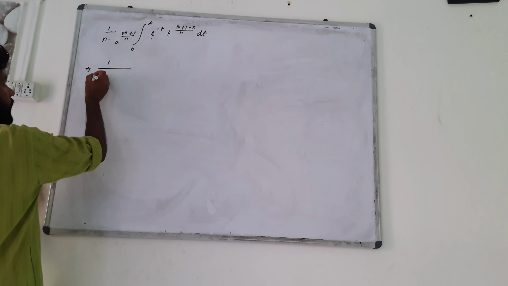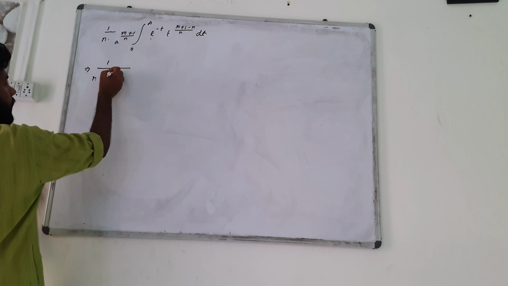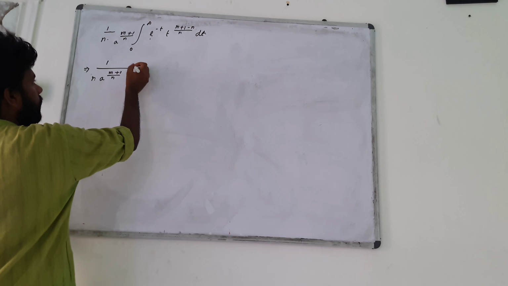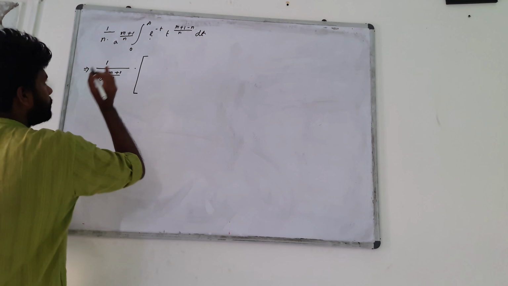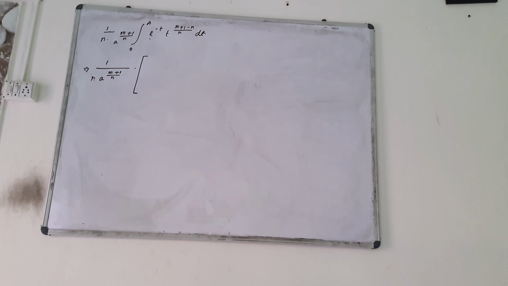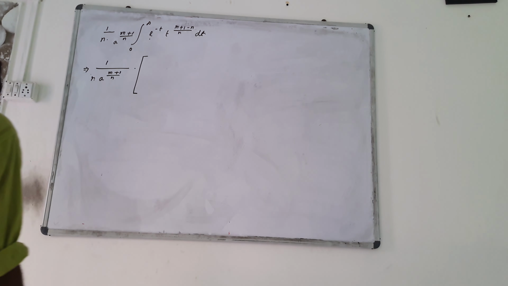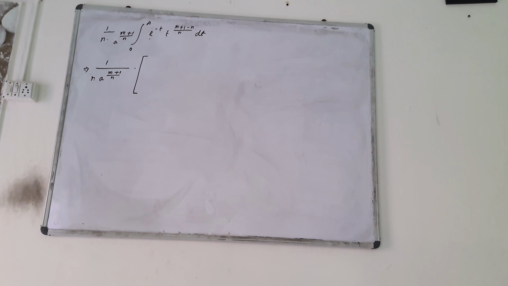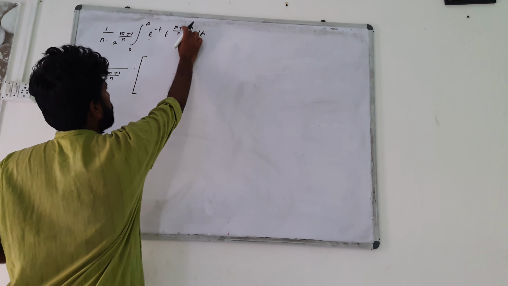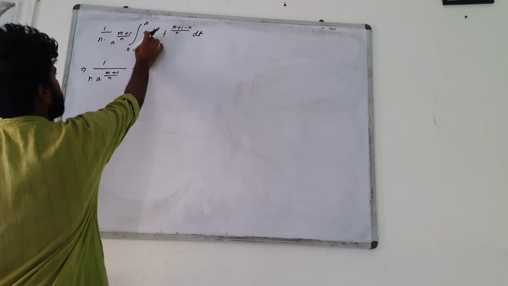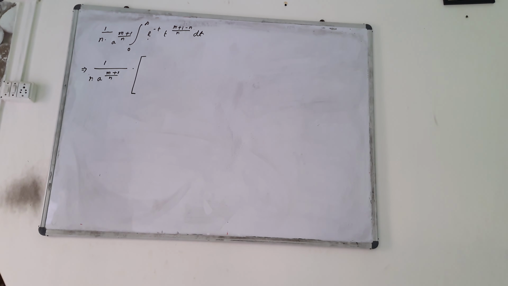So 1 over n, a to the power m plus 1 by n. First of all, we will differentiate t power m plus 1 minus n by n, and we will integrate e power minus t.